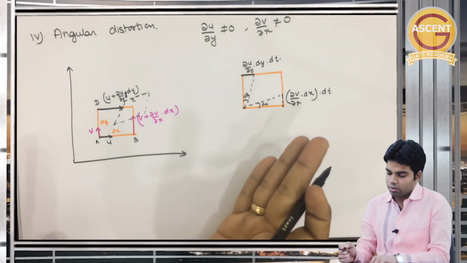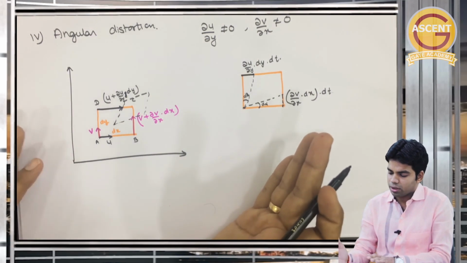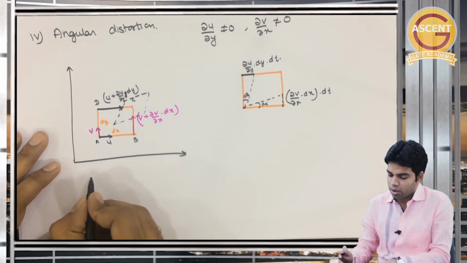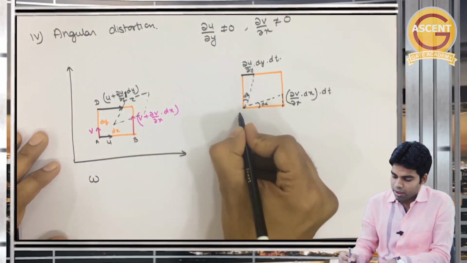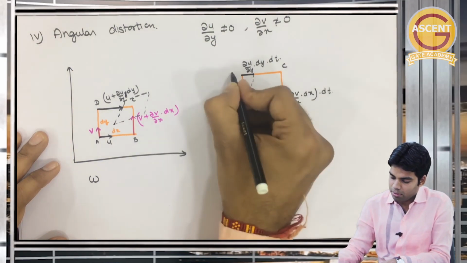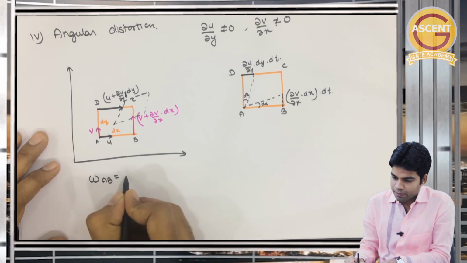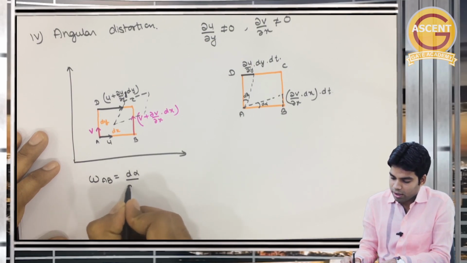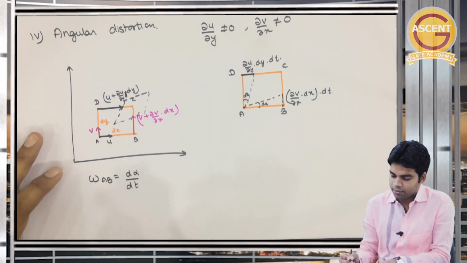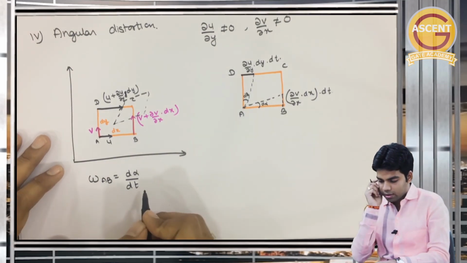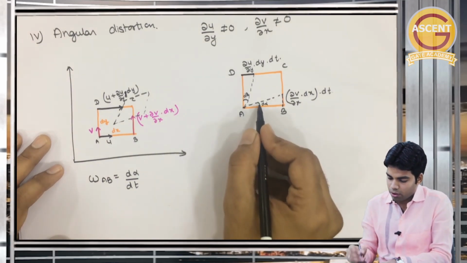Because there is a shift, the angle is changing. So the angular velocity omega, let's suppose this is A, B, C and D, omega AB will be equal to d alpha by dt, the rate of change of angle.